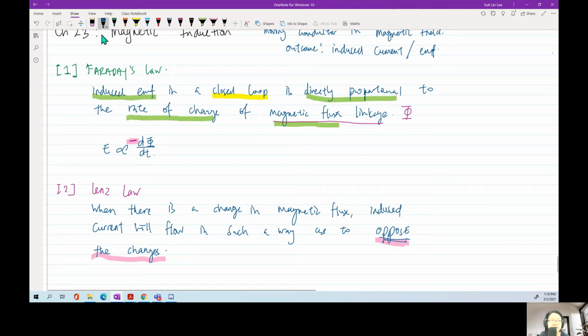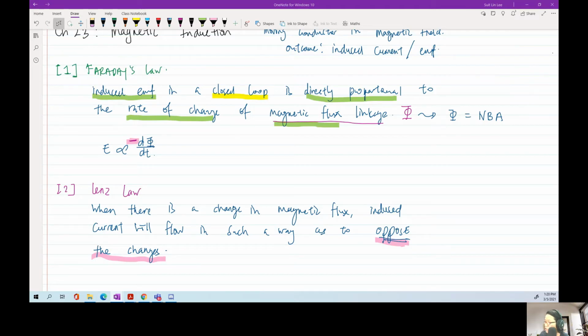Before we start any of this, we need to know what on earth flux is. Flux is equal to NBA, NBA cos theta if theta is 0. I'm going to give you drawings. Give me a sec to pull out the drawing. So your theta has to be 0.